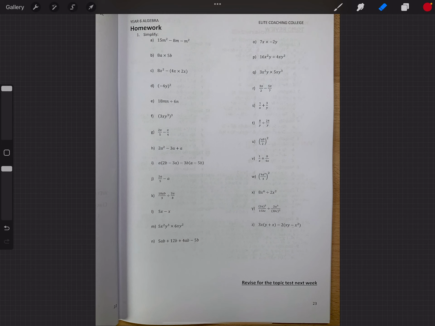Okay, next one, question N. We're adding and subtracting. So we'll have to make sure they are like terms before we can do so. So you got your 5ab. Now what's the next one? You got plus your 4ab. These are like terms. So 5 plus 4 is 9. So that becomes 9ab. And then you have your plus 12b minus 5b.